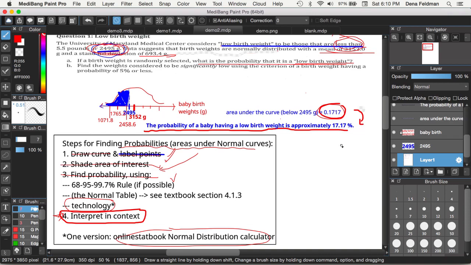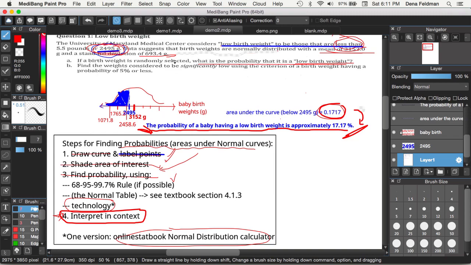It represents the idea that if you pulled a baby at random, given the past data that we've seen, the probability that the low birth weight would happen is about 17% chance. So we've answered our question.